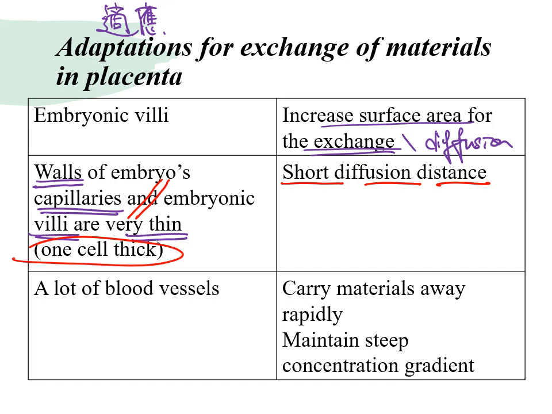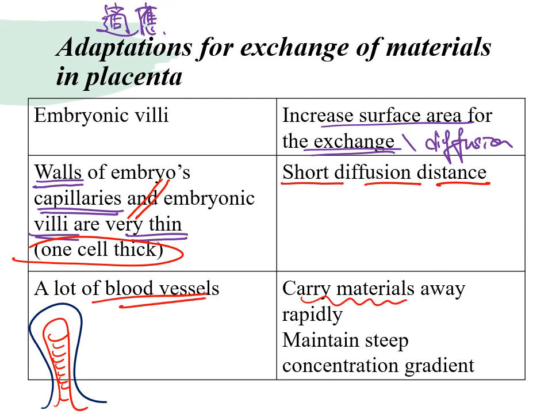Number 3, inside the embryonic villi, you will be able to find a lot of blood vessels. So these blood vessels helps to carry materials away rapidly to maintain a steep concentration gradient for diffusion.